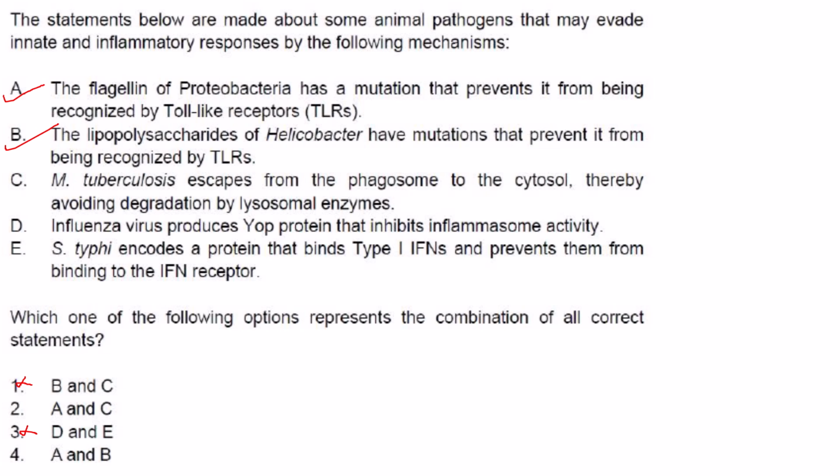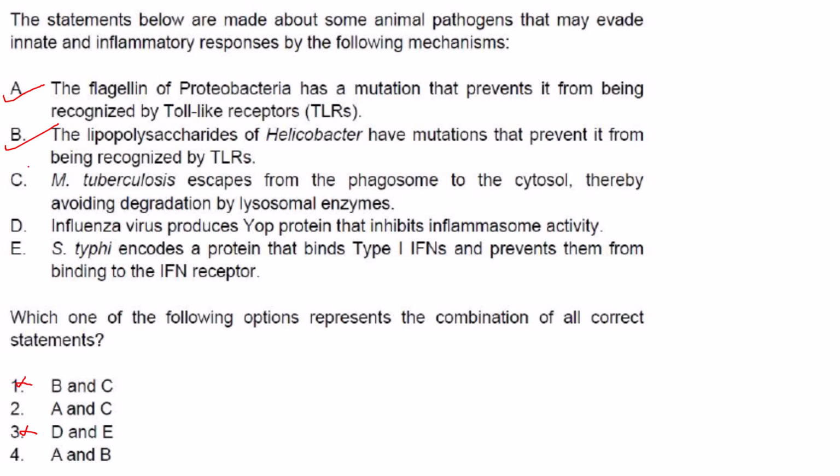M. tuberculosis escapes from the phagosome to the cytosol? No. Mycobacterium tuberculosis has the ability to block phagosome maturation and prevent the phagosome from fusion with the lysosome. That is how it avoids the lysosomal degrading enzymes, not by escaping from the phagosome to the cytosol.